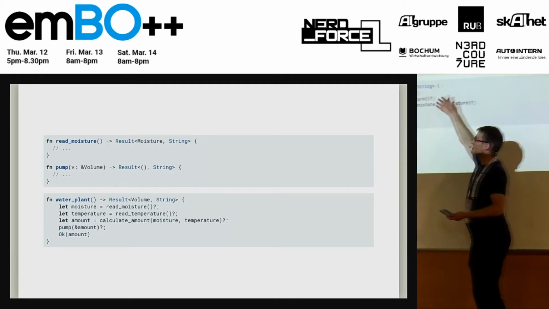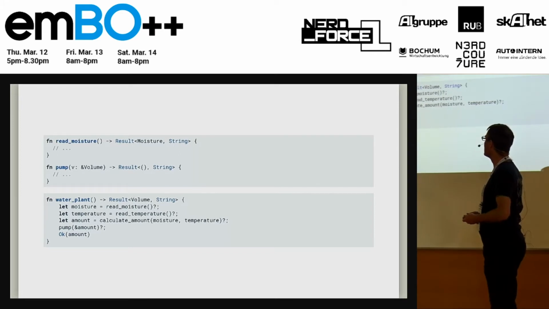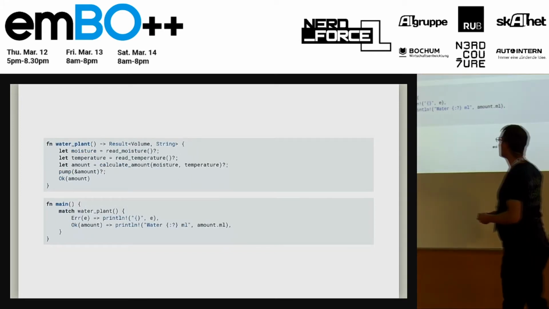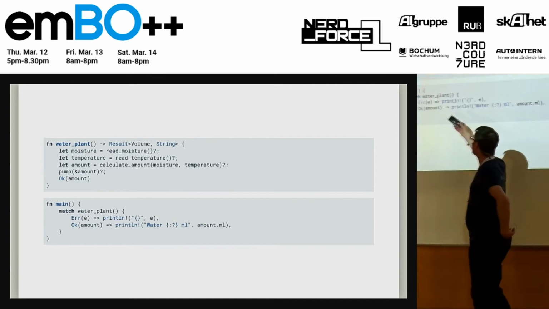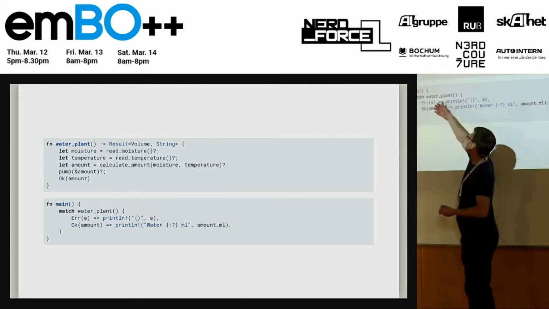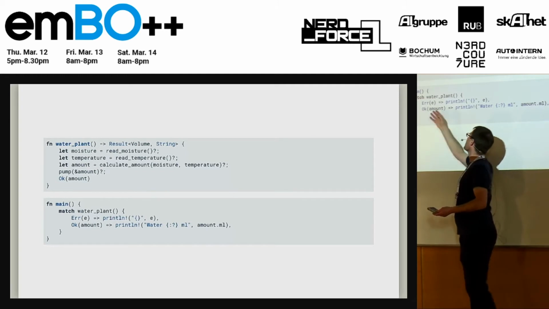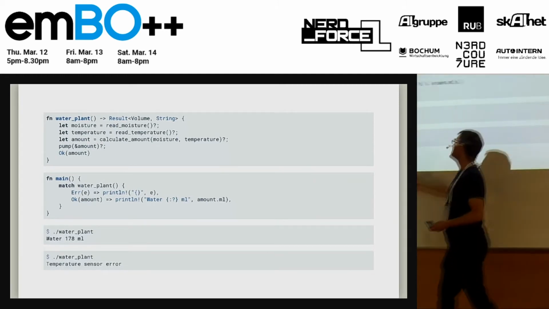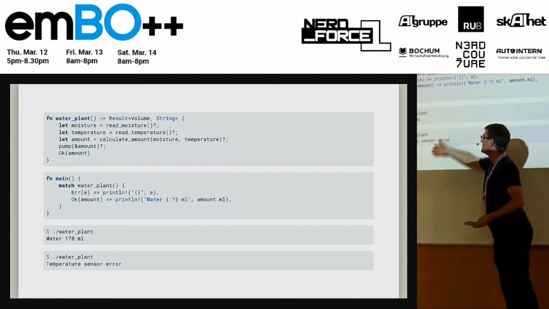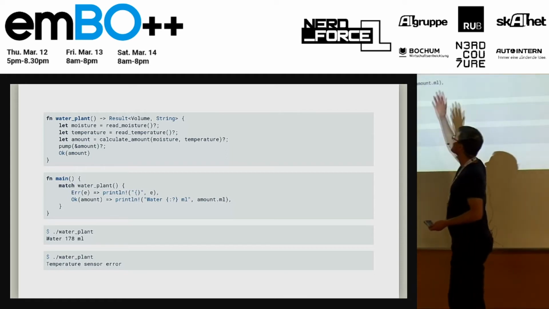And if I try it out with a main function, I call it and I look, is there an error, and I print something. It's the same as before, and I maybe get this nice error message out of the string there.